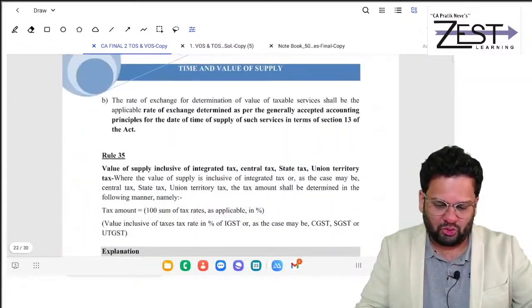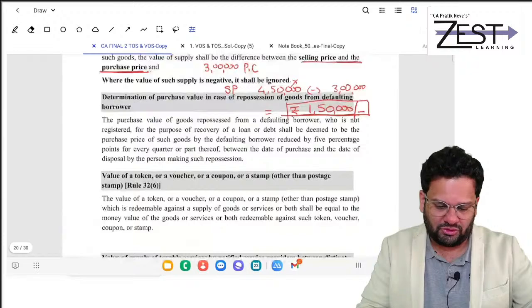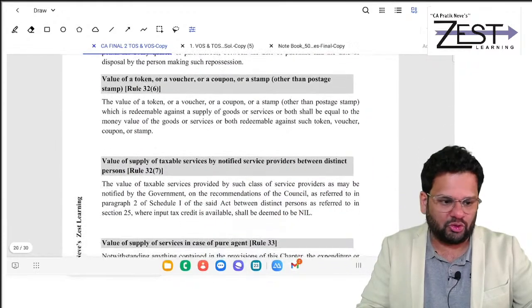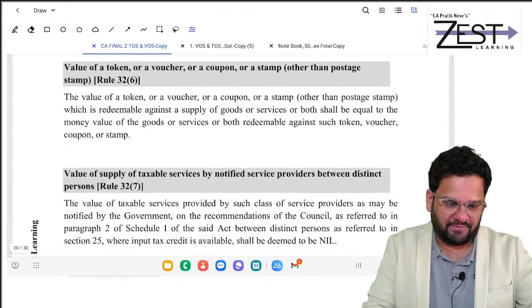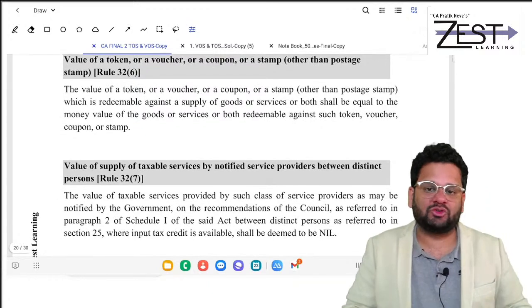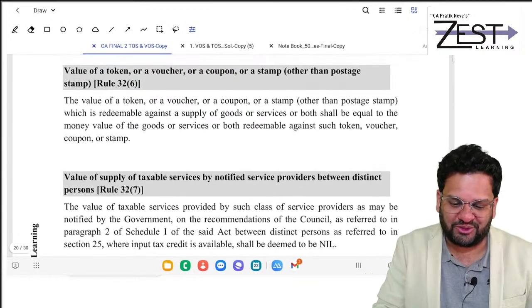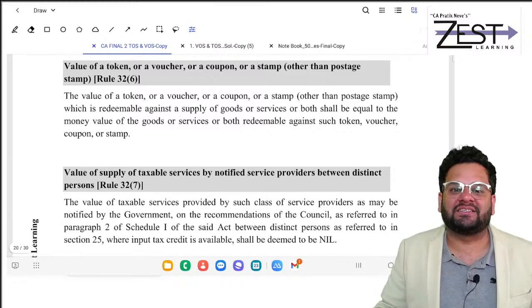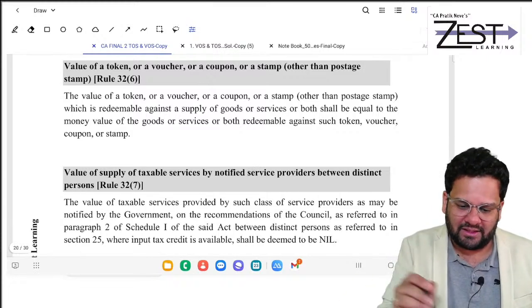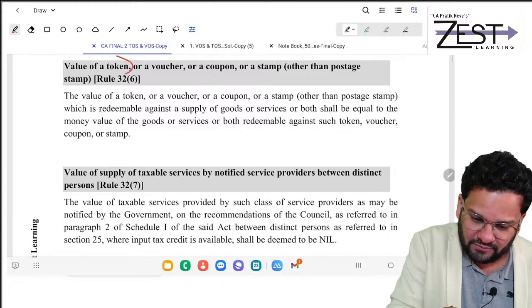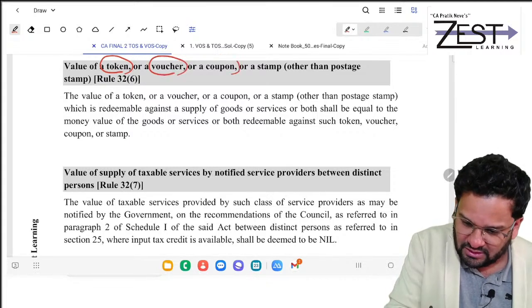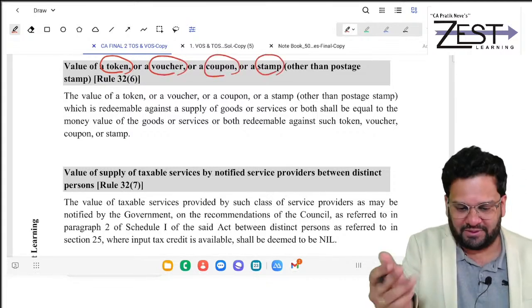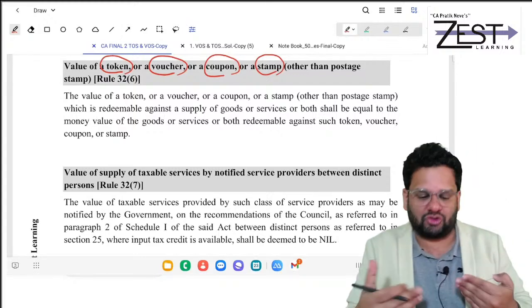So 32(5) you have understood. Let's go to 32(6). What is 32(6)? Sometimes you can be given a token, a voucher, a coupon, a stamp, by whatever name it is called.